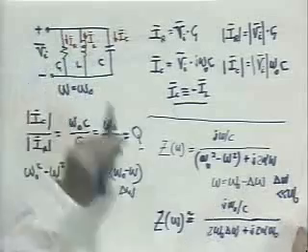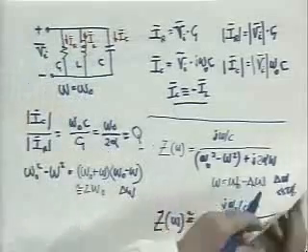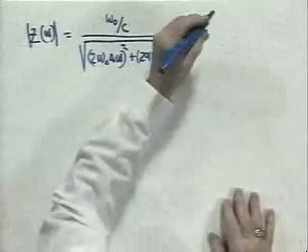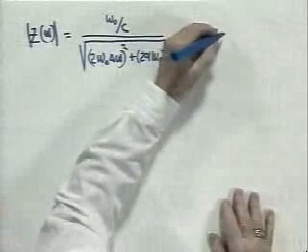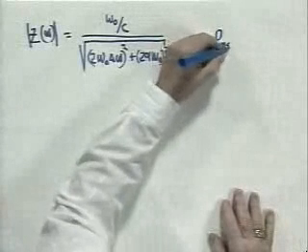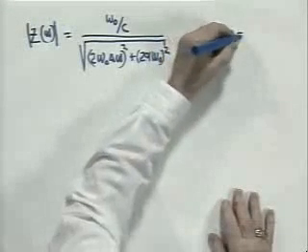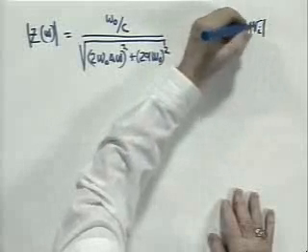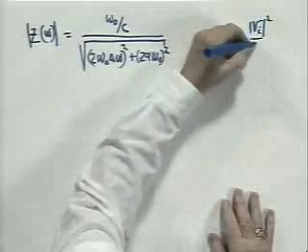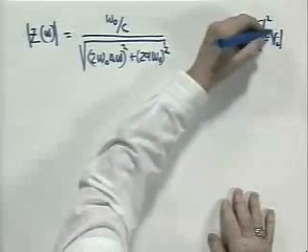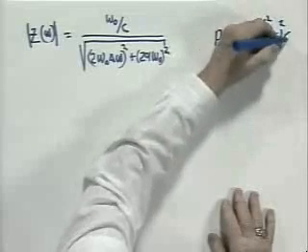The power being dissipated in the resistor is V squared times G. So power dissipated in the resistor is the magnitude of V sub I squared divided by R, or the magnitude of V sub I squared times G.